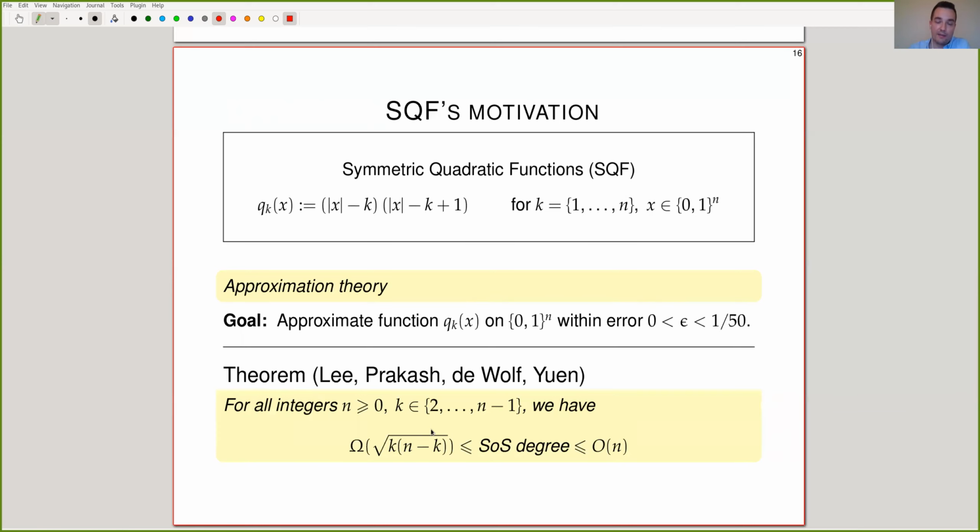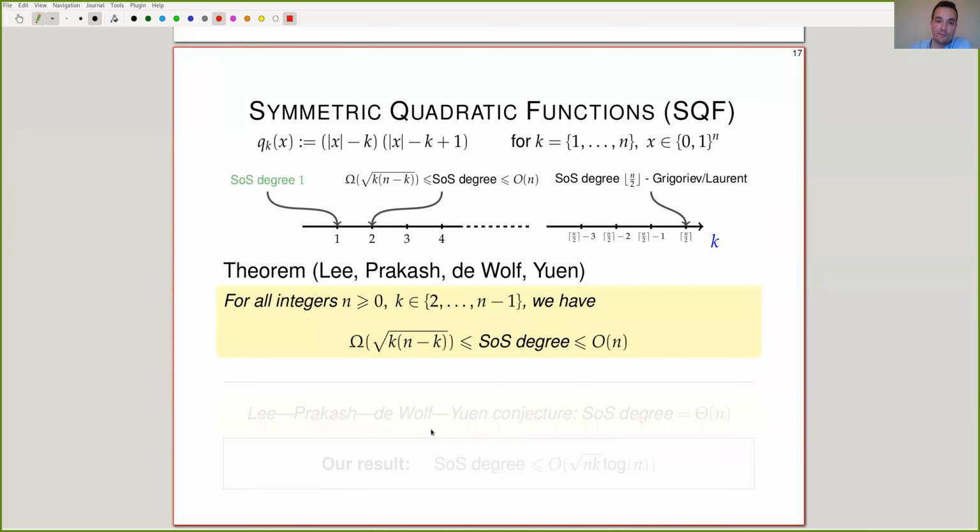So now let's go back to our main question. As I said, we would like to answer the question: what is the sum of squares degree needed to write our function qk as a sum of squares? Directly from the Lee, Prakash, de Wolf, Yuen result, this degree is at least omega of square root of k times n minus k, and at most big O of n.